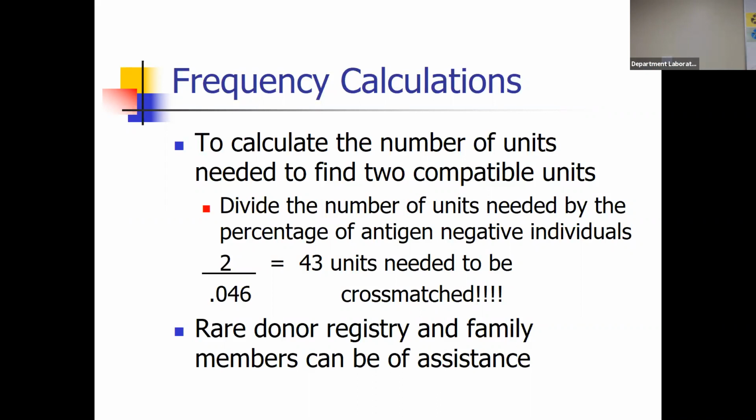If you're working in blood bank, are you going to crossmatch 43 units? No. Depending on the size of your facility, you might already have some antigen-tested units on your shelf that you can pull from, or you are going to call the reference laboratory and say, I need a Rh negative, Kel negative, Duffy A negative unit.